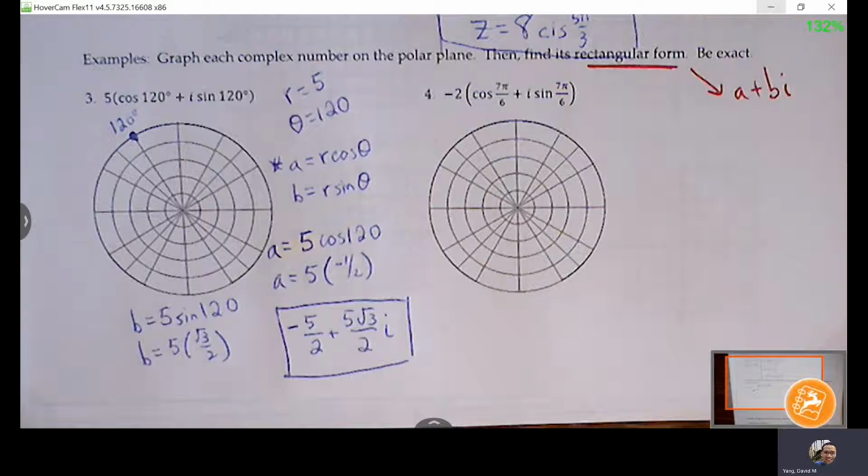Okay, try number 4, same idea. Find your radius, find your theta, graph the point, and then convert using r cosine theta and r sine theta.